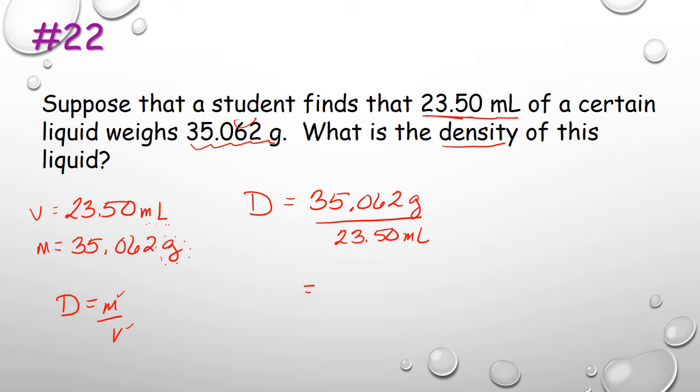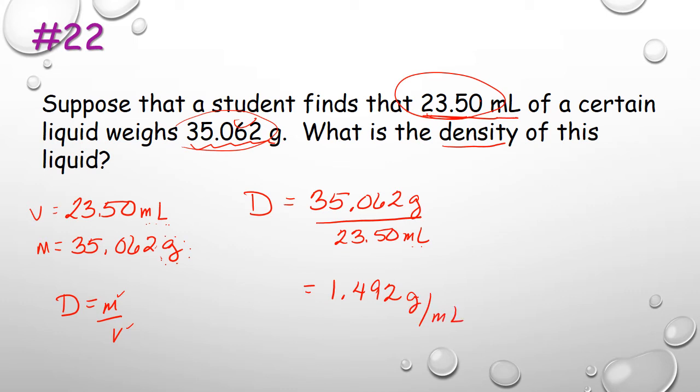Okay, I do that and I get 1.492. Oh, I better have a sig fig check here. This number has 4 sig figs, and this one has more than 4, so I need 4. I have 4. I just now need a unit. Well, the grams didn't cancel, and the milliliters didn't cancel either, so my final unit is grams per milliliter, and I am done.